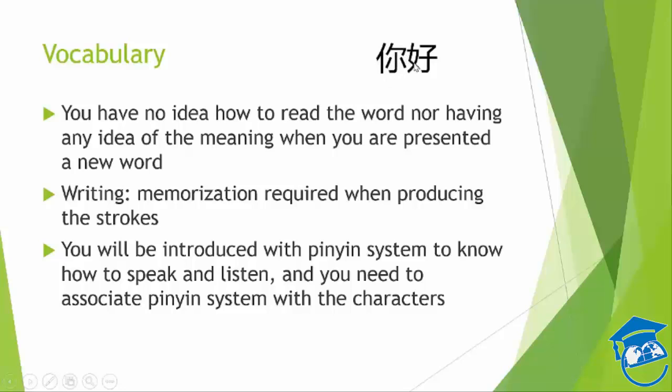And yes, for Chinese characters, we have a strict sequence of writing the character out, stroke by stroke. So you need to memorize that when you are learning to write characters. And in case you are wondering, these two Chinese characters are hello in Chinese, which is the famous ni hao, in case you have heard it before.